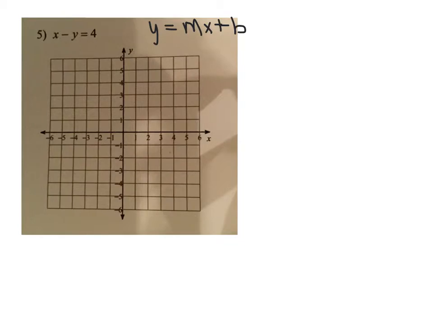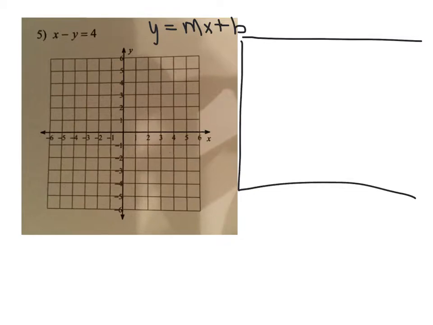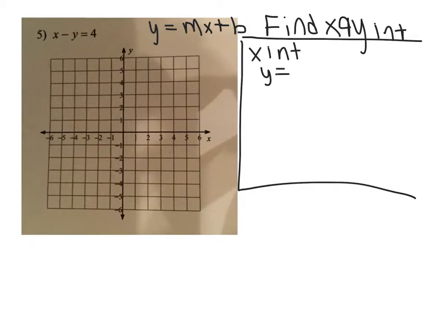So option number 1, we're going to call find x and y intercepts. So if I want to find an x-intercept, you let y equal 0. And so x minus 0 equals 4.